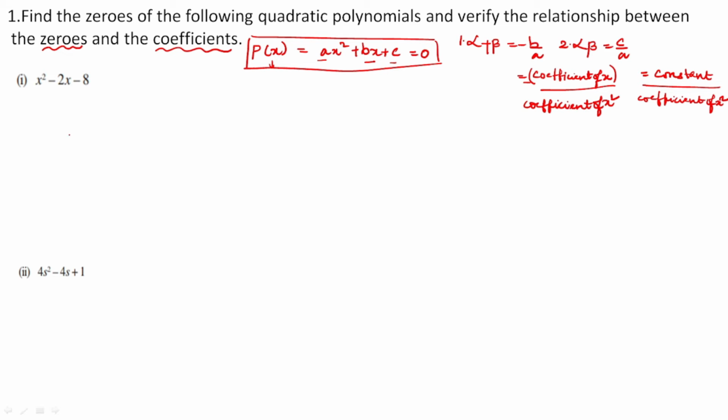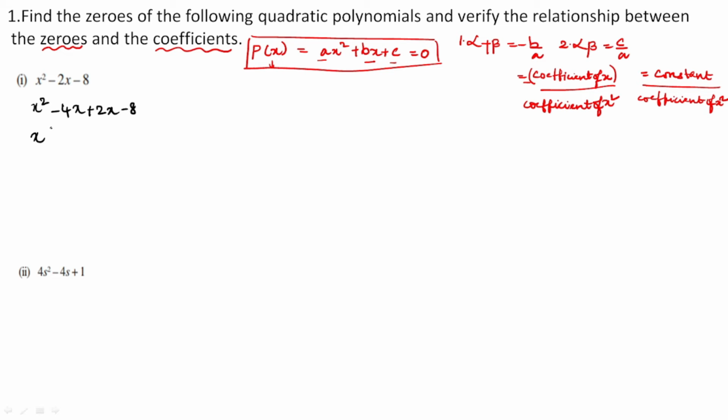Starting with the first question, x square minus 2x minus 8. If we factorize this, we first look at the constant. The constant is 8 and its sign is negative. When we express it as a product, it's going to be 4 and 2. So this is x square minus 4x plus 2x minus 8.